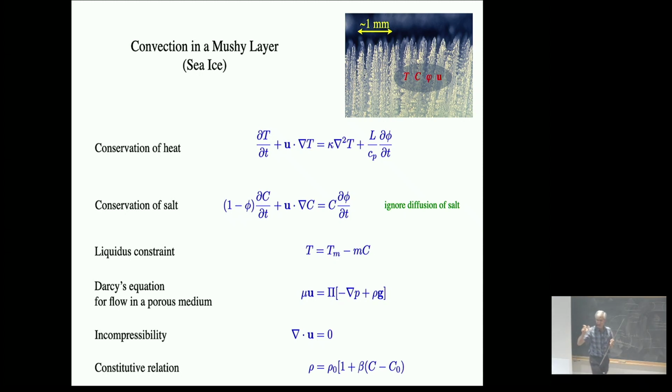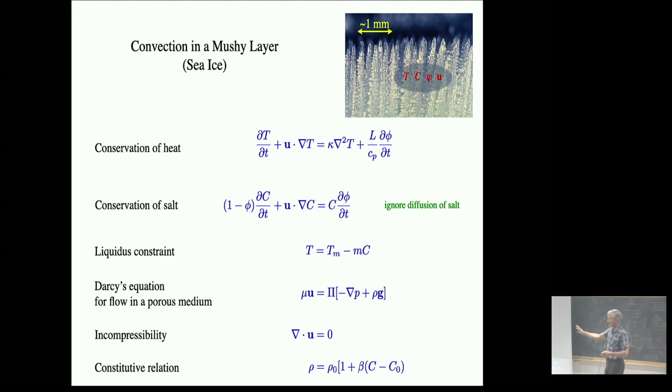Okay, so in principle, we have three dependent variables, temperature, concentration, and solid fraction. We have this tight constraint, which means we end up with just two dependent variables, temperature or concentration, one variable, and solid fraction, the second variable.